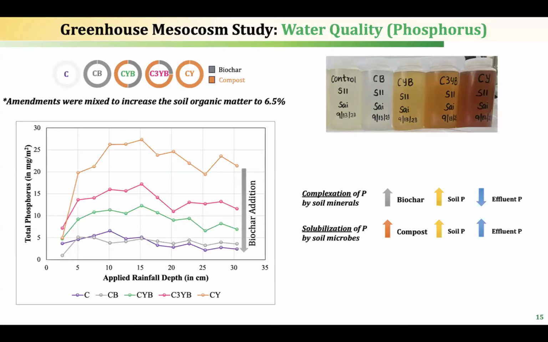Also, the amount of biochar we add in order to increase the soil organic matter at the same rate is lower compared to that of compost. This overall made biochar more favorable in terms of water quality.